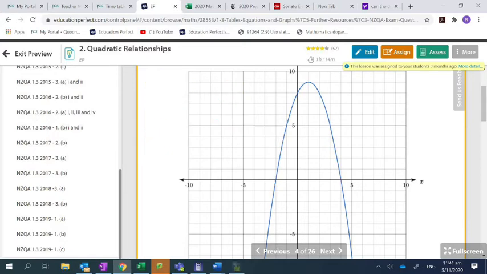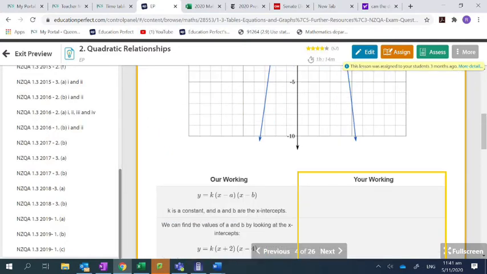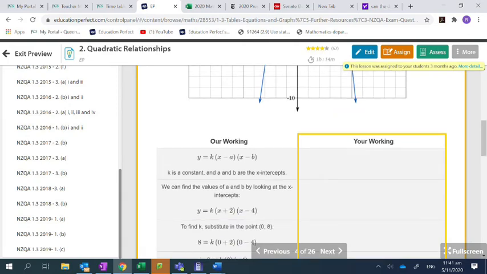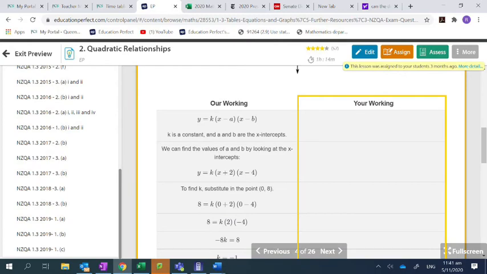Okay, guys, I'm still losing you. So all we're going to do is take the information we know and plug it in. Okay? Guys, so y equals k, and then we plugged in our negative 2, which turned it into a positive 2. Plugged in our 4, which just stayed negative 4 because it's x minus.